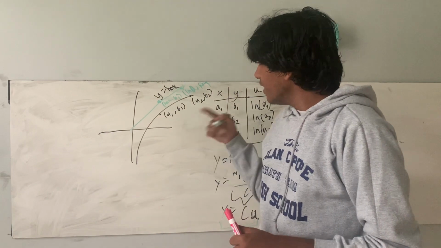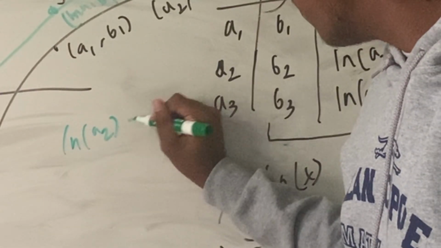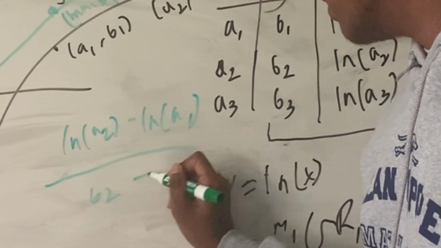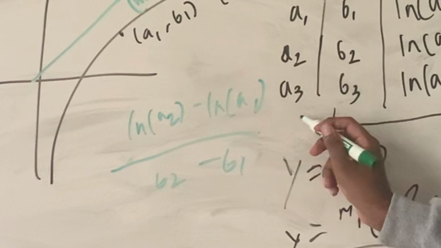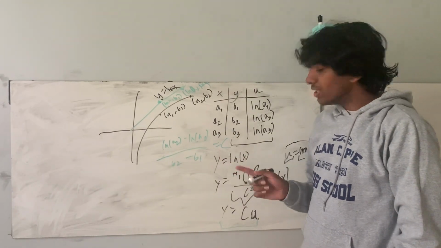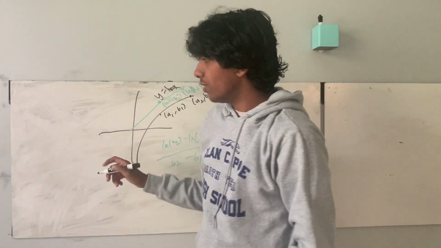So now we can get our slope to be ln of a2 minus ln of a1 all over b2 minus b1. This will automatically equal C, and remember C was this. So let me write this over here now.